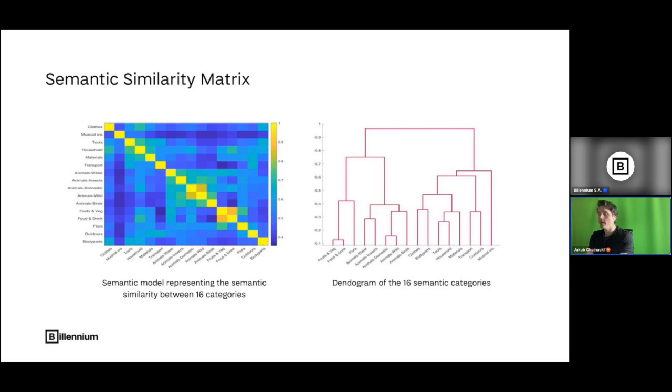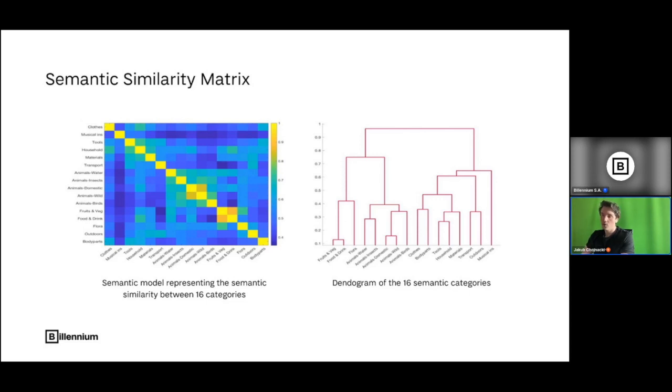And of course, if we would like to go a little bit deeper, then we could ask ourselves, how does the system see the similarity of the words? Basically, we can see that the most similar words are yellow, and the similarity matrix on the left says that if we are looking at mostly similar words such as food and drink, and fruits and vegetables, then they are pretty similar.